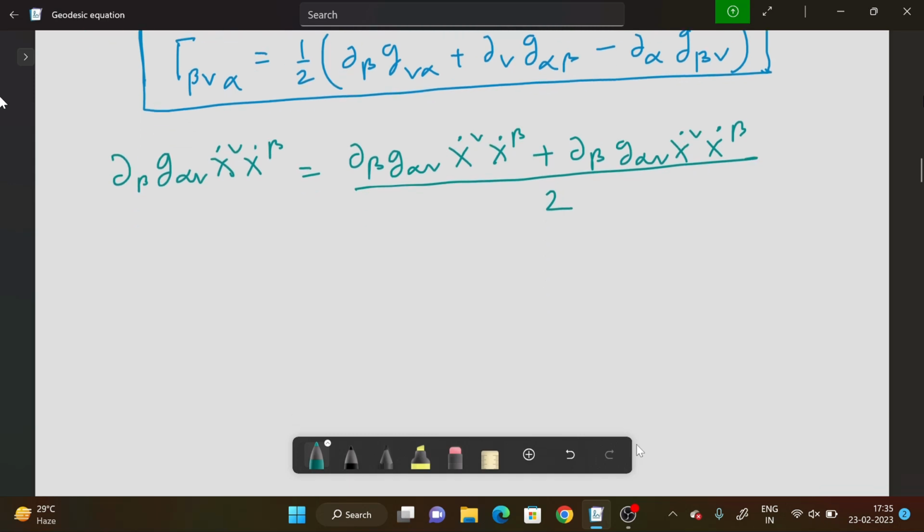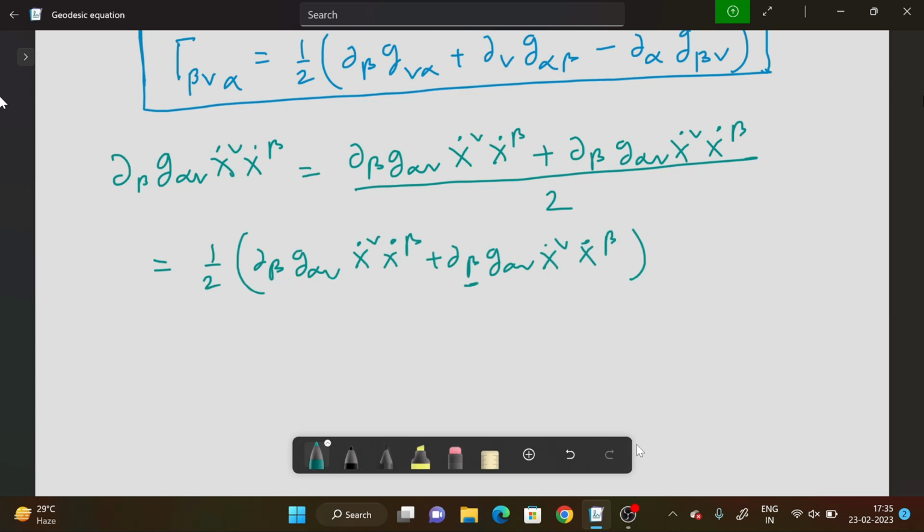It's the same equation, so I can write this as, now notice that beta and nu, these are the two indices that are being summed over, right? So if something is summed over, it's again a dummy index and we can replace it, but here I will try to interchange them. How?